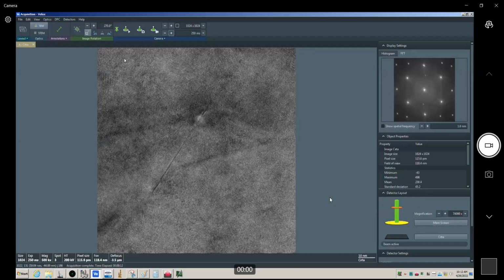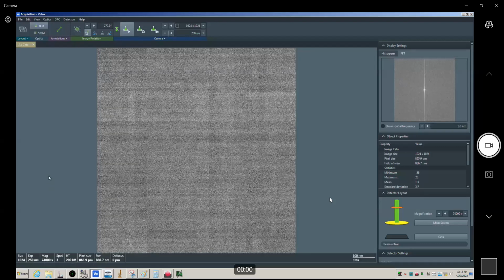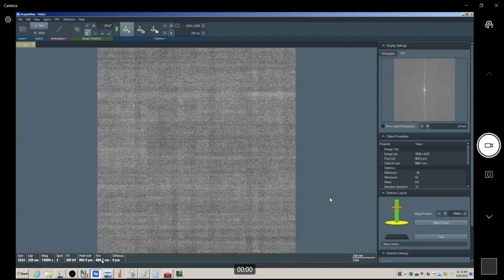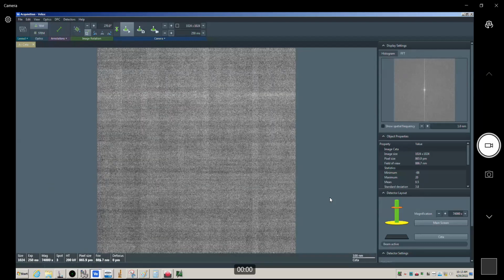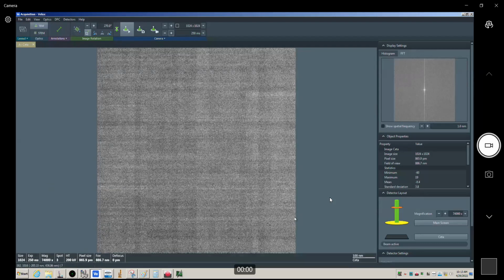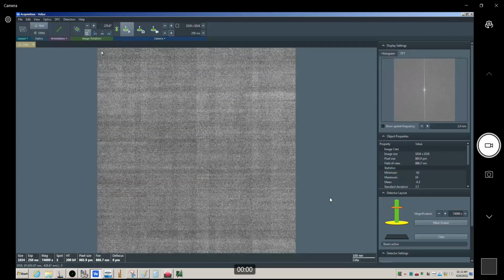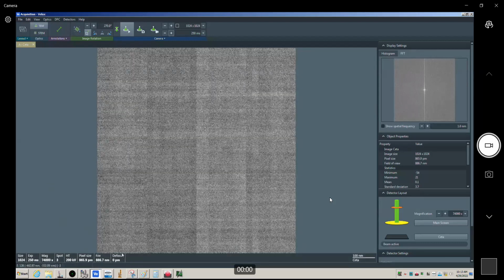If I go now to the acquisition window, down here I have the field of view, from left to right. Obviously from corner to corner, that's √2 times this number.